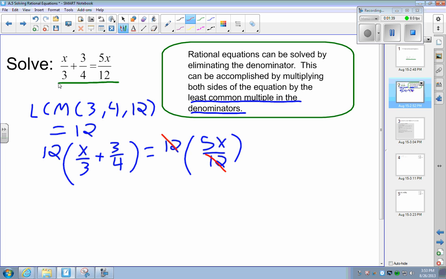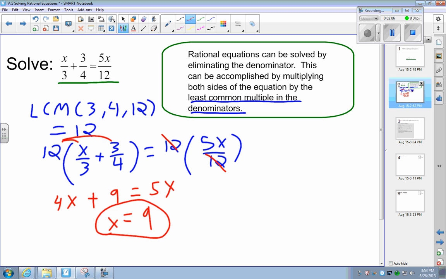And so when we multiply the 12 through, we're going to get 4x plus 9 is equal to 5x. And after we work out some algebra, we're going to end up getting x is equal to 9. Cool. All right. So let's move on.